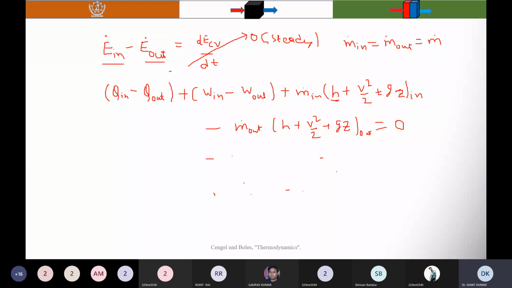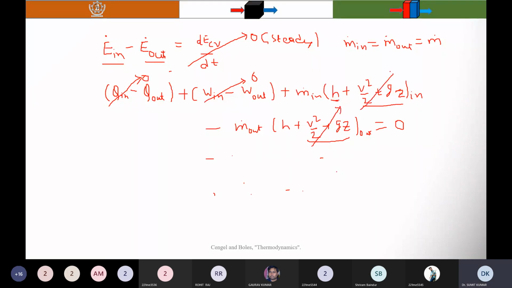So you can assume that Q is 0. A throttling valve is not producing or consuming any work, so the work term becomes 0, no work done. Now I can assume that the change in kinetic energy and potential energy is negligible, so you can neglect these terms.